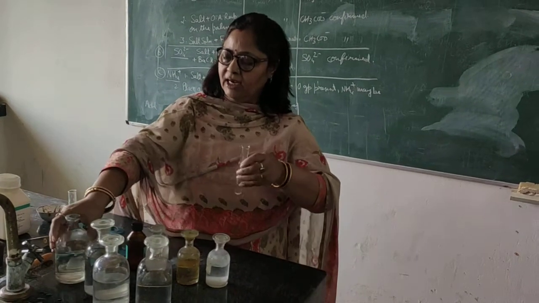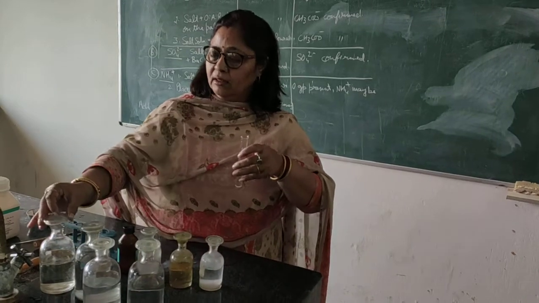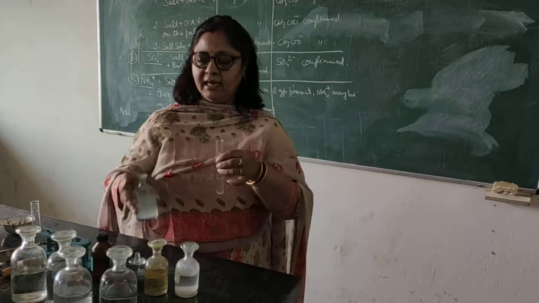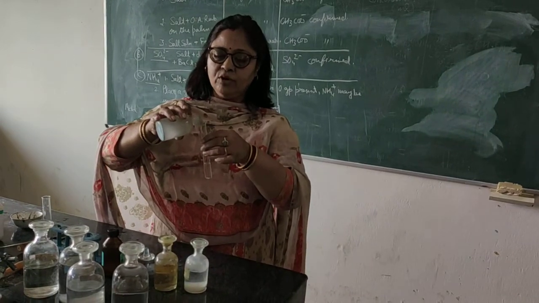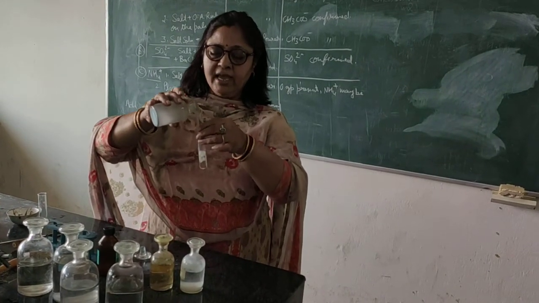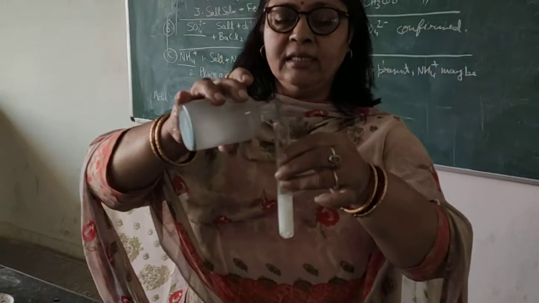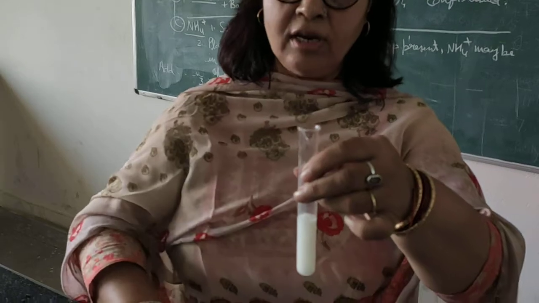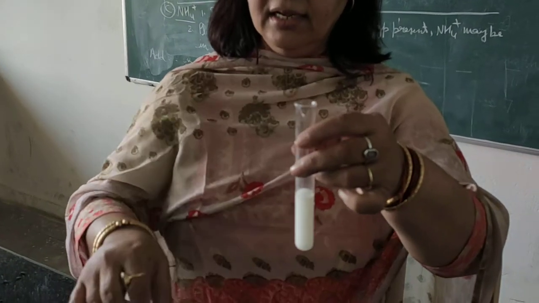So this is our dilute HCl. Then add some amount of barium chloride to it. So here you see a white precipitate of barium sulfate, which is insoluble in any acid.